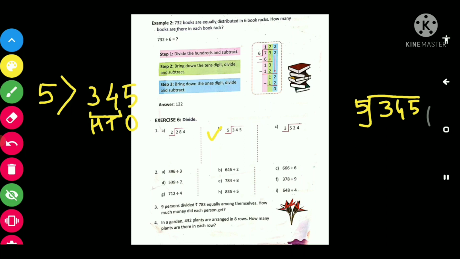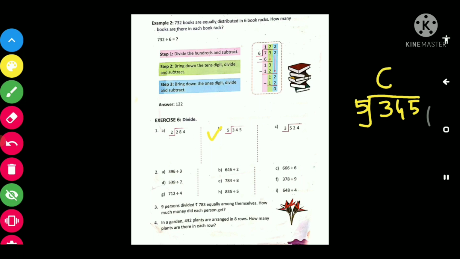Okay, so now we'll recall the multiplication table of 5 and we'll see if 34 is there or not. So can you tell me, is 34 there or not? No, right? So which number will you get in the multiplication table of 5 which is less than 34? 30, right?